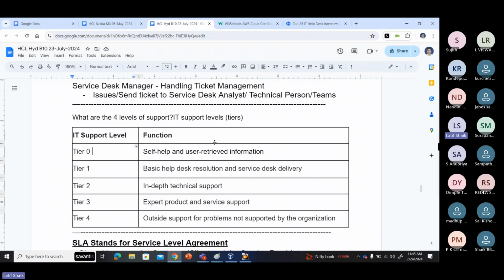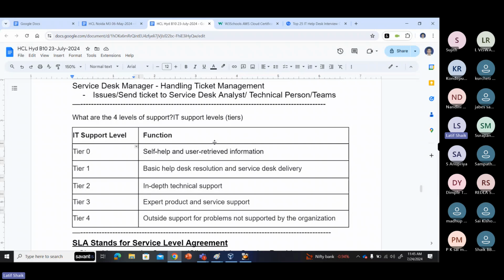For example, as I said, I'm not getting a network connection, or I need to install some application. I don't know how to install and configure Outlook. Or I have a VPN related issue. So I will reach the service desk, and what will the L1 people do?